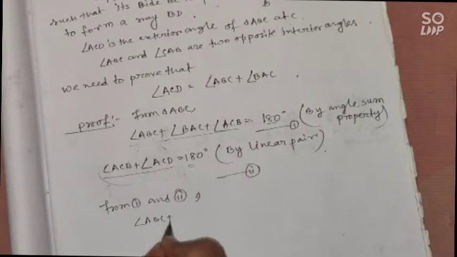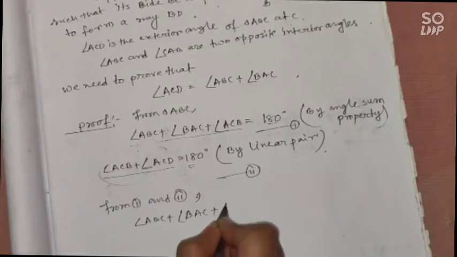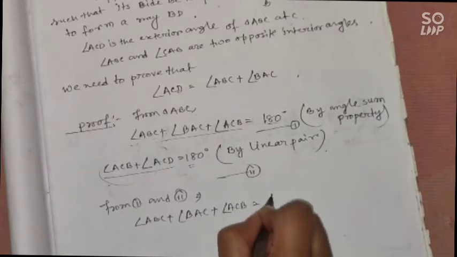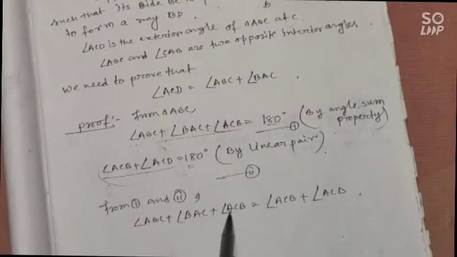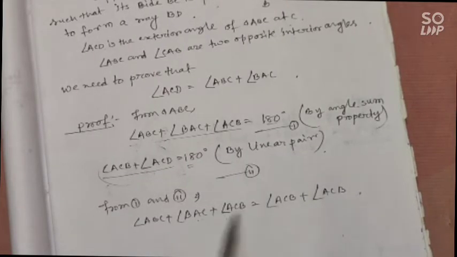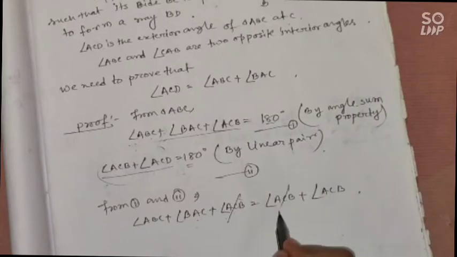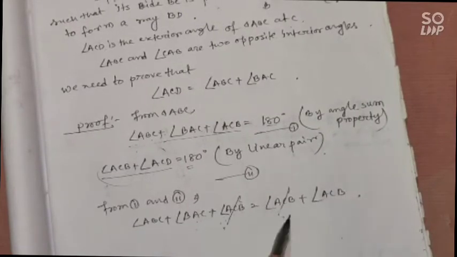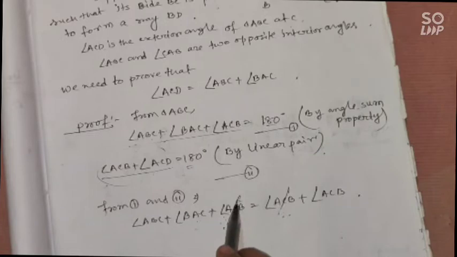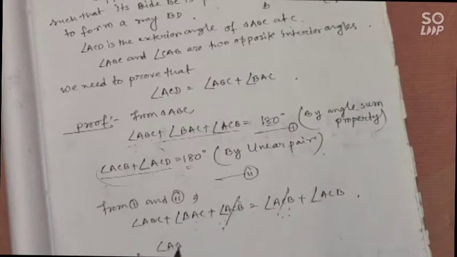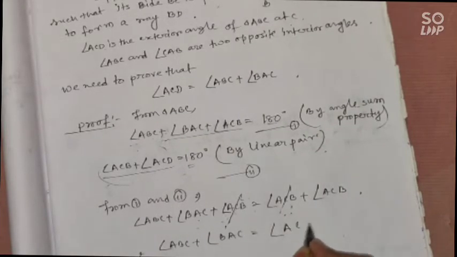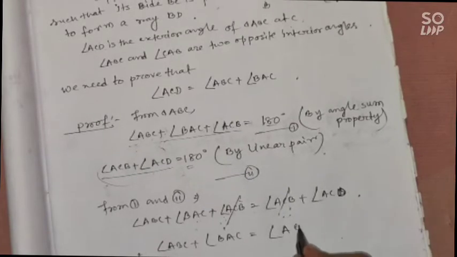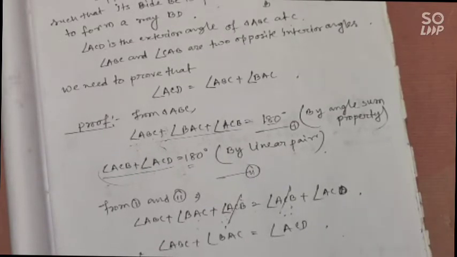Angle ABC plus angle BAC plus angle ACB equals angle ACB plus angle ACD. Now we can cancel the same term from both left and right sides: angle ACB. So angle ABC plus angle BAC equals angle ACD. So our proof is ready.